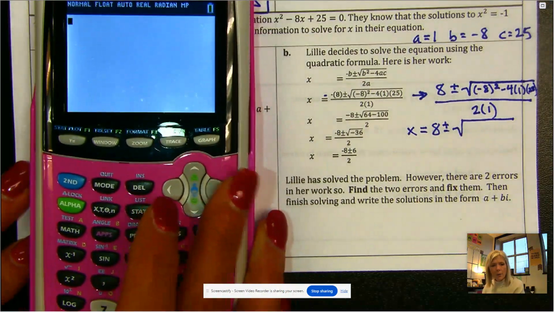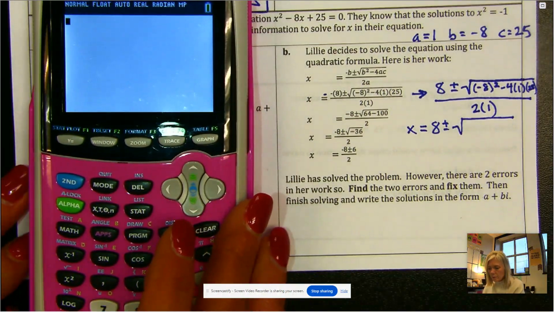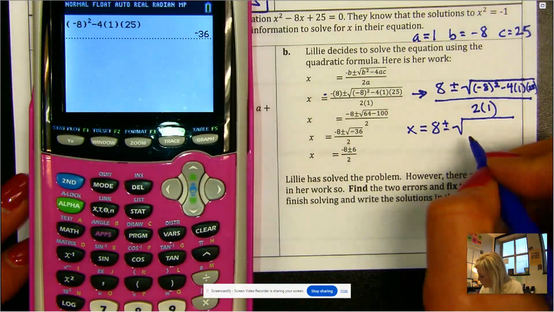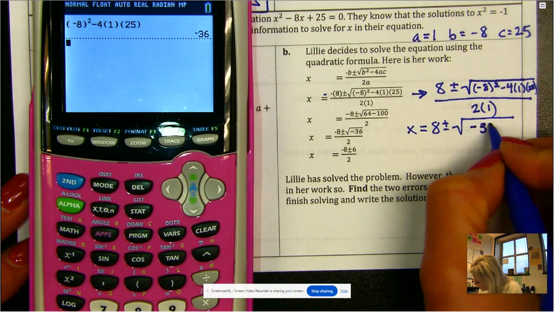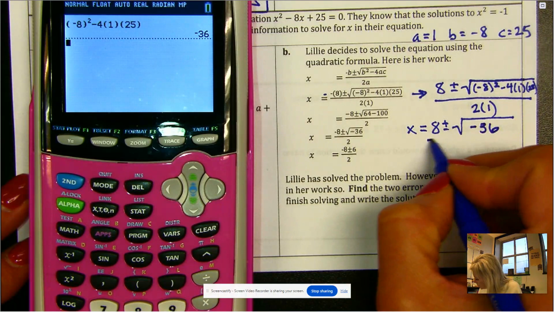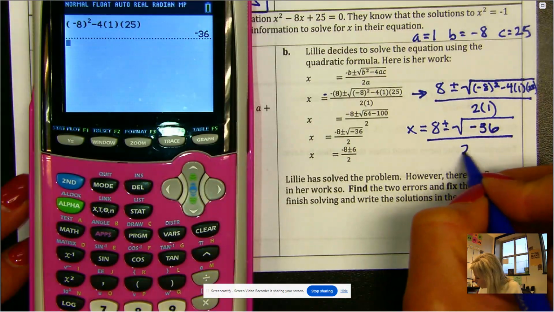And so I always recommend just starting with b squared and then put in the entire discriminant, the whole b squared minus 4ac. So it is negative 36. So that step is correct, negative 36. And now we have to divide by 2 times 1, which is 2.